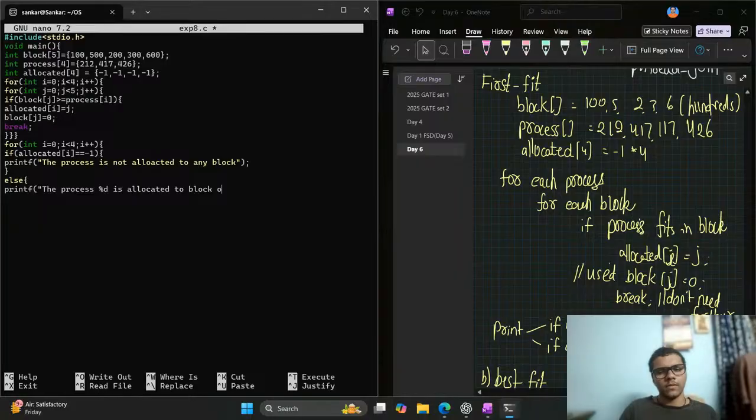But you made the block 0. The process contains the block numbers. Else close, for close and while close.